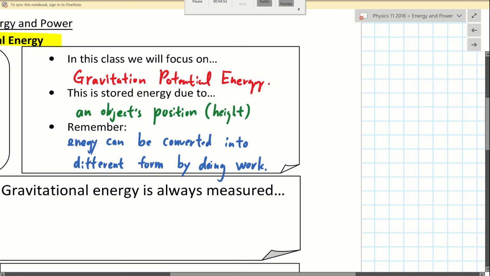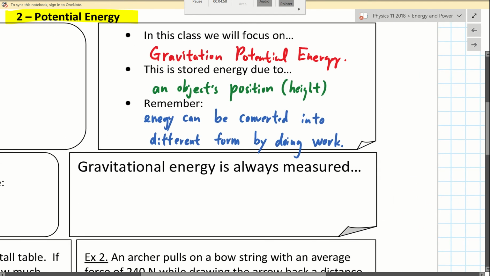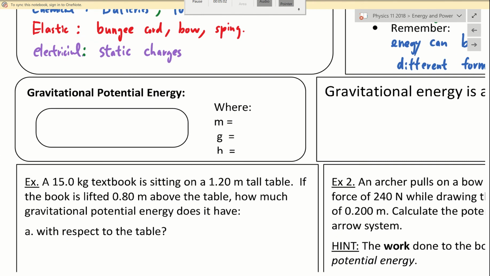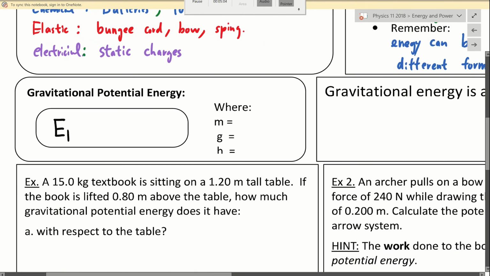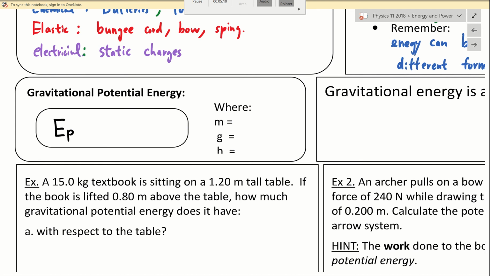Okay, so now the equation for potential energy should be on your formula sheet. I'm going to write it down right here very quickly. So gravitational potential energy. Since we do have different types of energy, we are going to start writing subscripts again, just like how we write forces with friction Ff, normal force Fn, and so on.